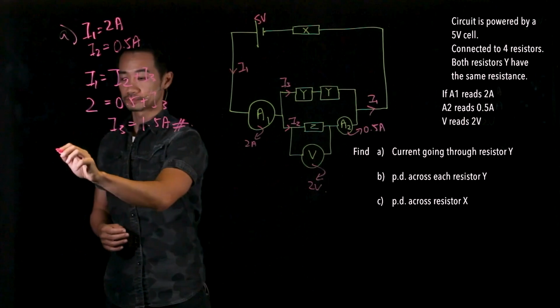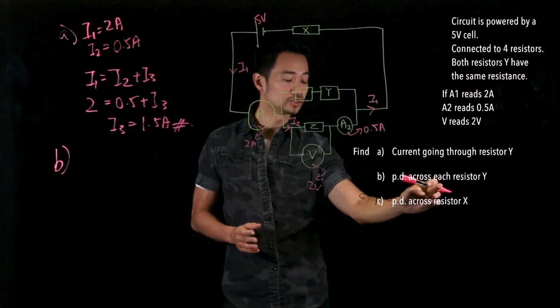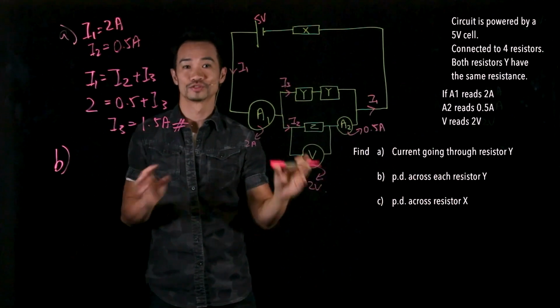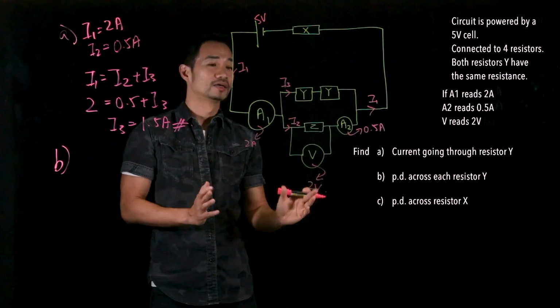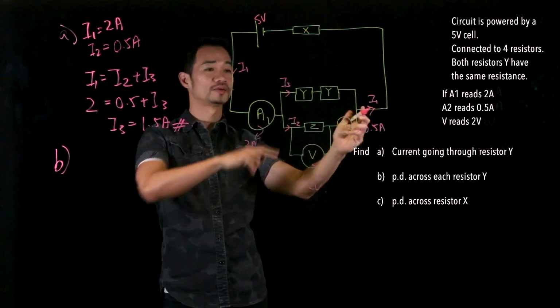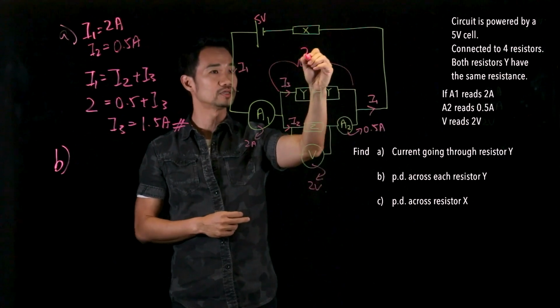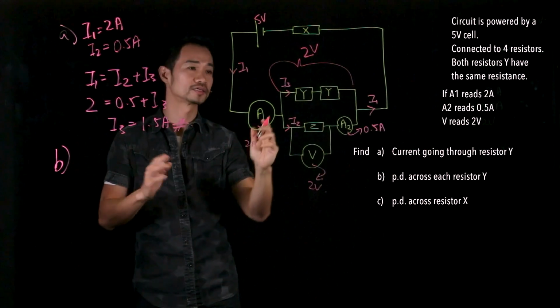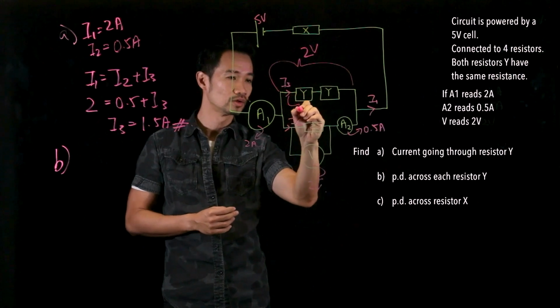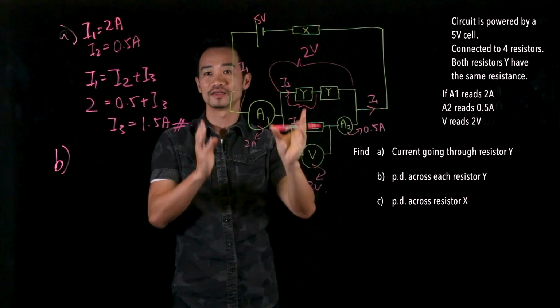Second one, B: find the PD across each resistor Y. This is a conceptual question. We know in a parallel connection, we learned that the potential difference is the same. So the PD across this whole thing is actually 2 volts. What are they asking? They're asking for the PD just across one of them. You have 2 resistors here that are exactly the same.